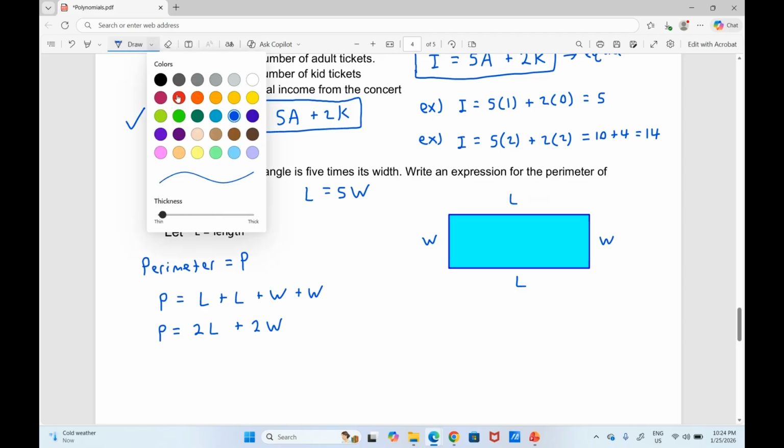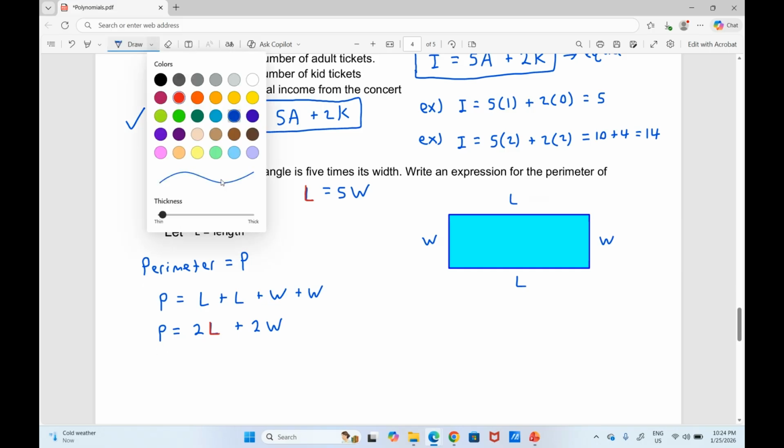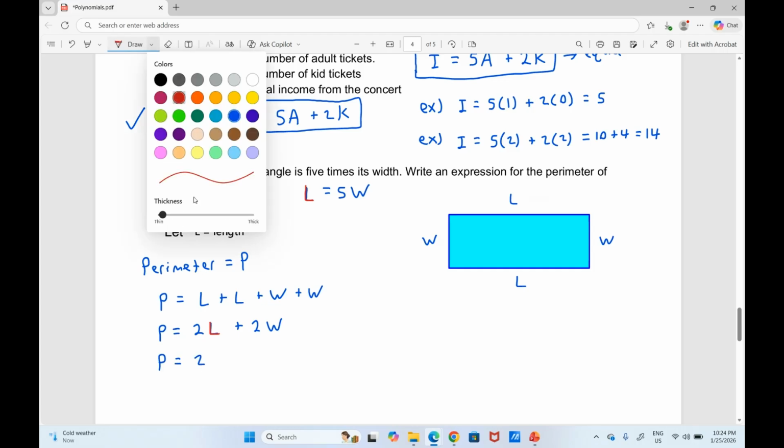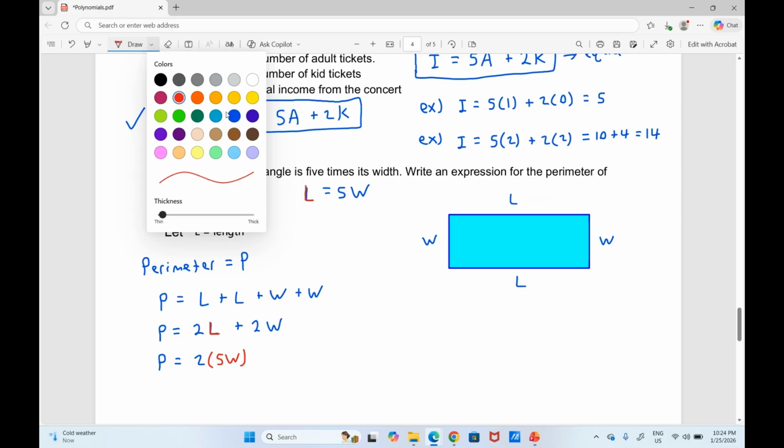So what I can do here is replace this L with 5W as a substitution. What that would look like is, instead of 2 times L, it's 2 times 5W.